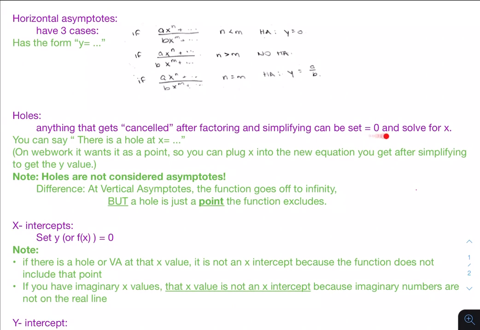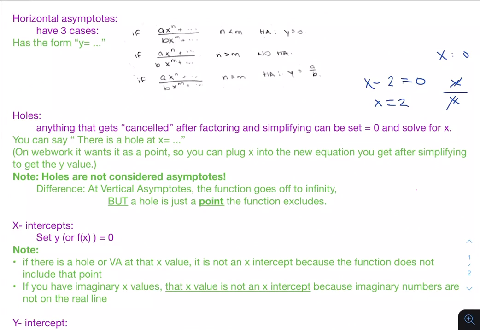For example, if you can cancel out an x minus 2 in the numerator and denominator, then you set x minus 2 equal to 0, and solving for this gives you your hole. So that would mean that a hole is at x equals 2. Same thing if you were to cancel out an x on both numerator and denominator, then that means you have a hole at x equals 0.